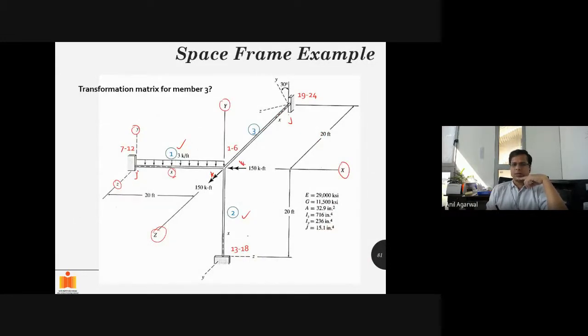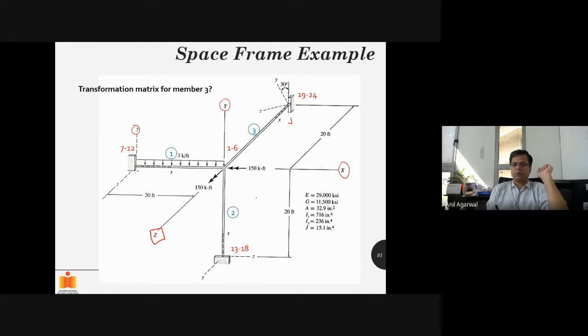So let's think about how we will rotate about the z-axis. No, but not about this z-axis. We have to rotate about the global z-axis. So how will we rotate about the global z-axis, the global coordinate system, so that they align?